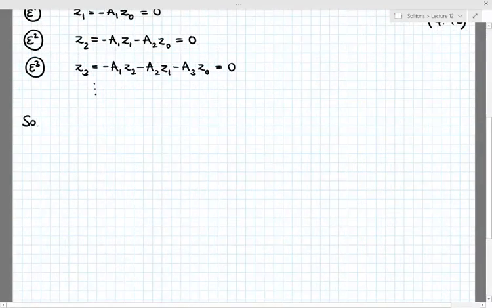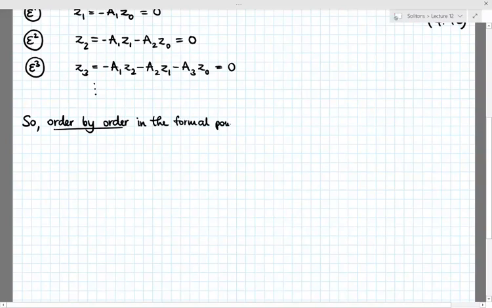So the conclusion is that order by order in the formal power series in epsilon, equation 4.37, which was nothing but Z equal to 0, holds.